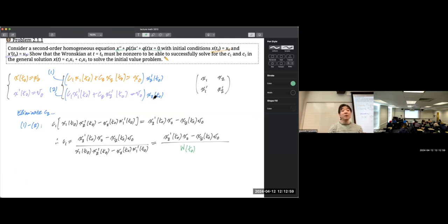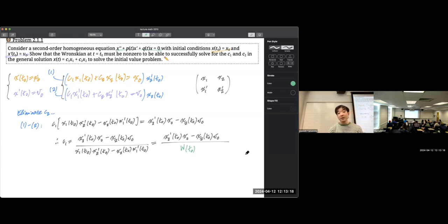For this to always give you a way to find your constant C1, and similarly C2, you need this Wronskian to not be 0, because then you'd be dividing by 0, and C1 would be undefined.